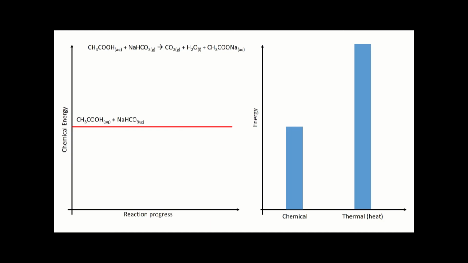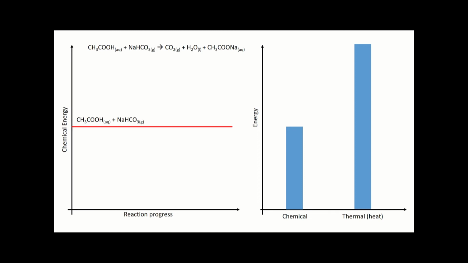Here's another example. This is something you can potentially do in your kitchen. Bicarbonate of soda is sodium hydrogen carbonate, NaHCO3, and vinegar is CH3COOH. And this reaction produces carbon dioxide and water, and also a salt called sodium ethanoate.